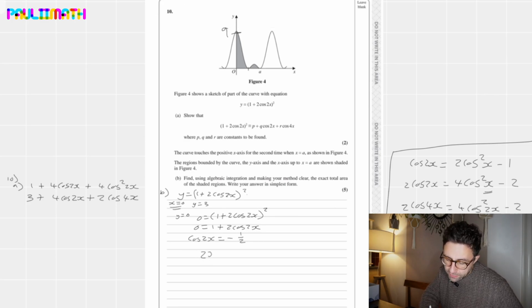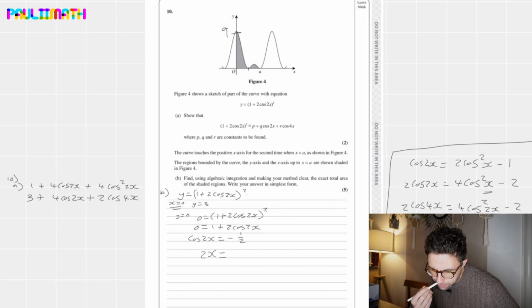And basically, if you did inverse cos of that, your first few positive answers are going to be, what's inverse cos of 1/2? 60 basically, isn't it? Now we're probably doing radians unless we're told otherwise. No sort of thought of it being degrees. So inverse cos of minus 1/2.